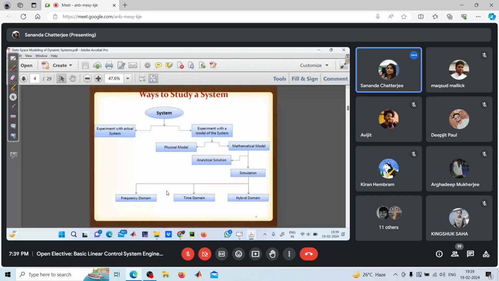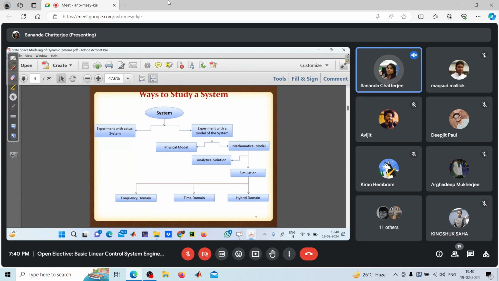But in the case of electrical systems, or systems where prediction and mathematical analysis are a prior requirement for experimentation, generally we will go for mathematical modeling of the system.